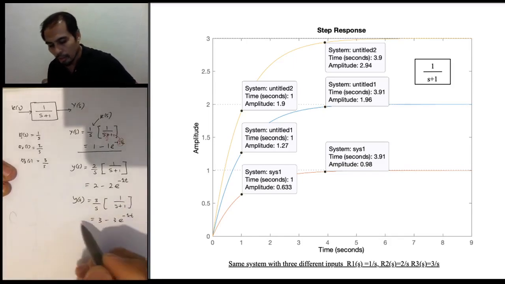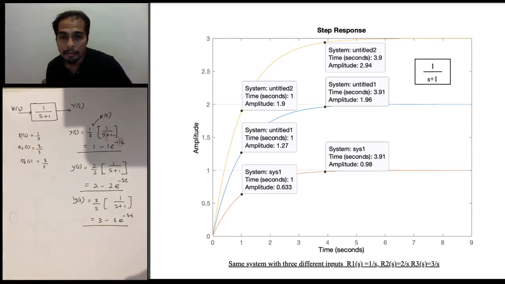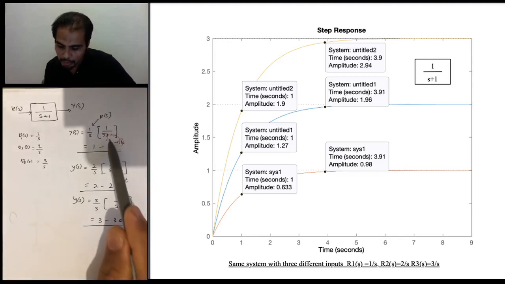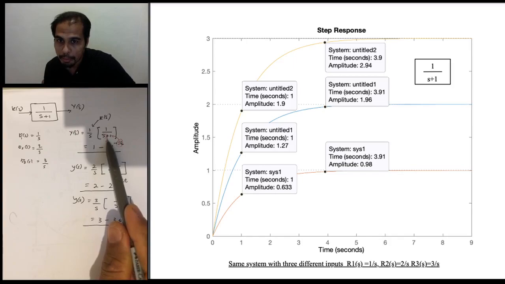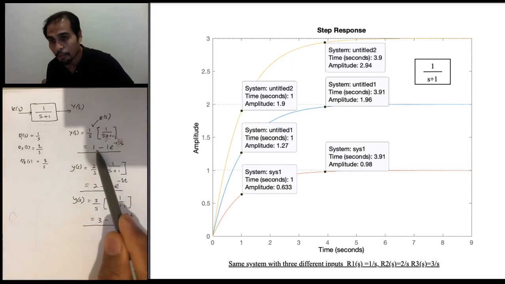All three produce the same response shape but differ in steady state. So by looking at the transfer function, we should be able to determine the time constant, rise time, and settling time without having to convert to the time domain.